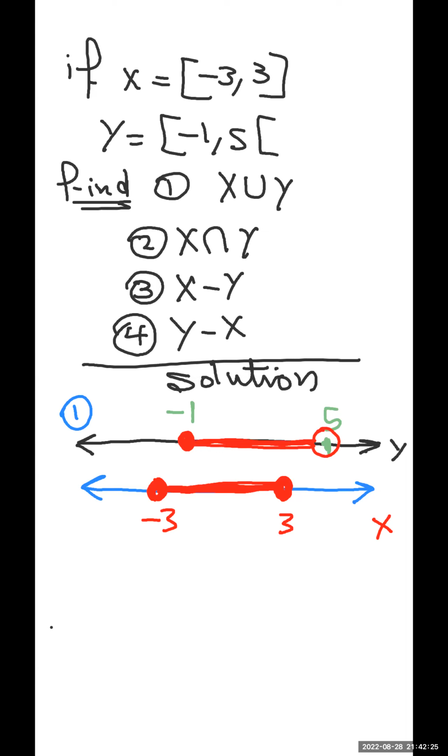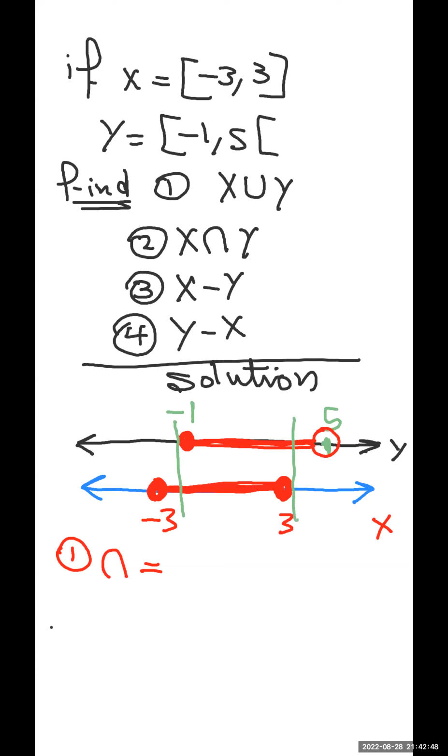Now solve your question. Number 1, I want to get the intersection. Look at the two number lines. What will be the common area between these two number lines? I think this till this.